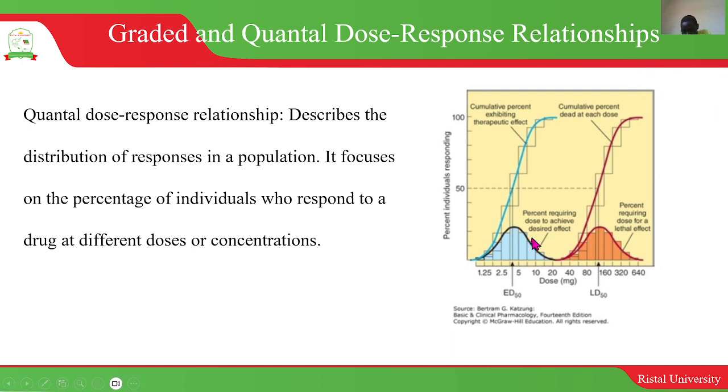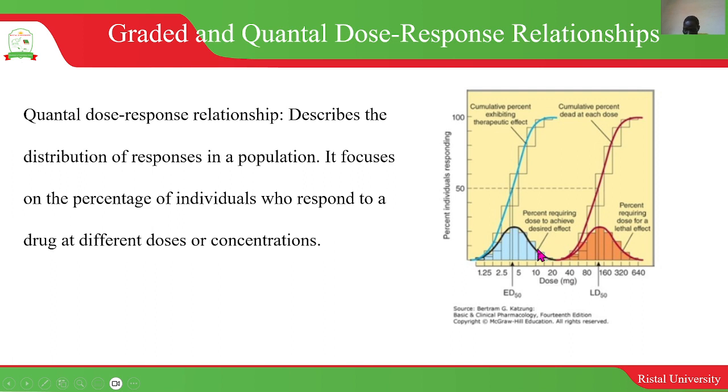Here we see it starts at a certain point, then it reaches a half and then it goes down, and exactly this is the Gaussian distribution. This is the normal distribution of the response curve in a population. This percent is requiring those to exceed desired effect.